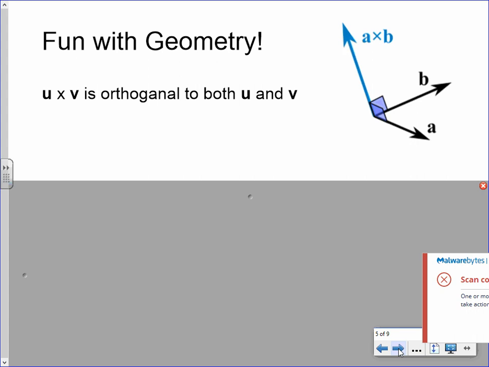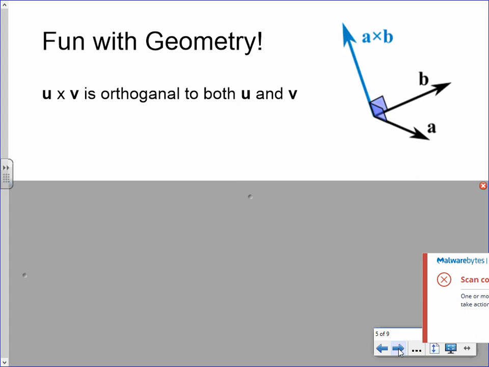Have any of you talked about the right-hand rule in physics? I believe in physics 2, this is something you talked about. But what's happening by doing the cross product is we create a perpendicular vector.